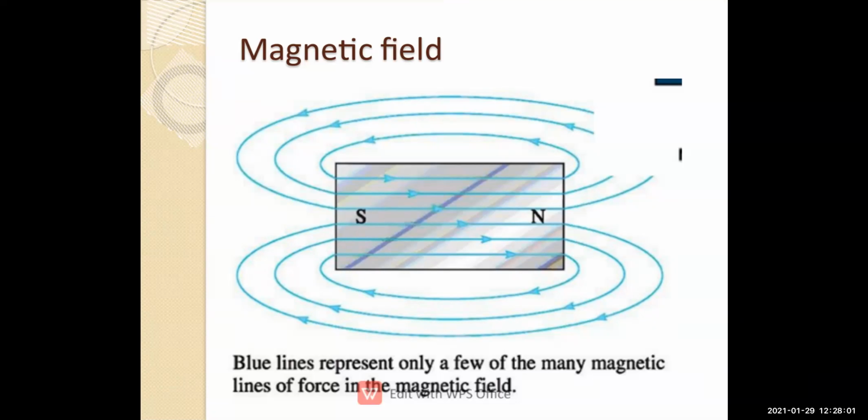But we are assuming that when the magnet is kept in the center, the blue lines which are seen represent the magnetic lines of force in the magnetic field. This is how the magnetic field is created surrounding the magnet.